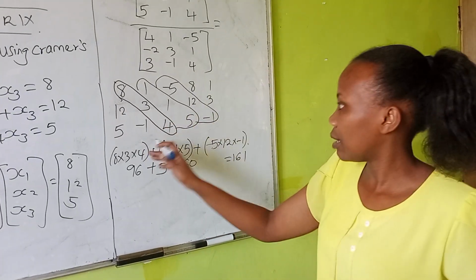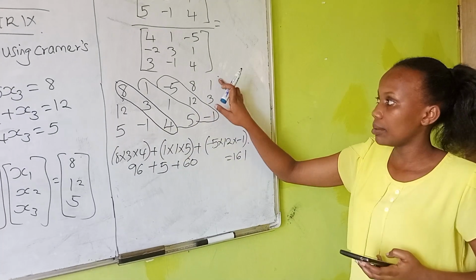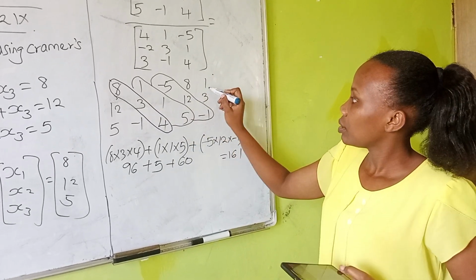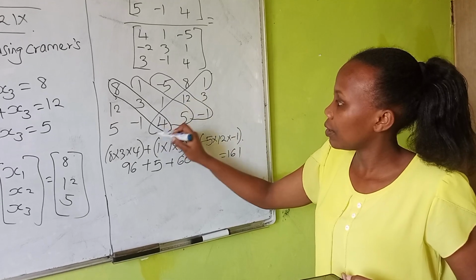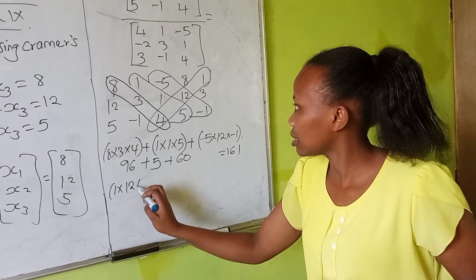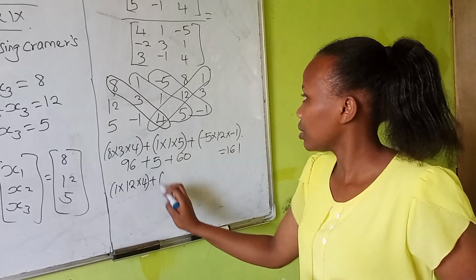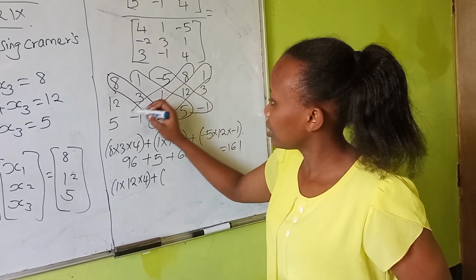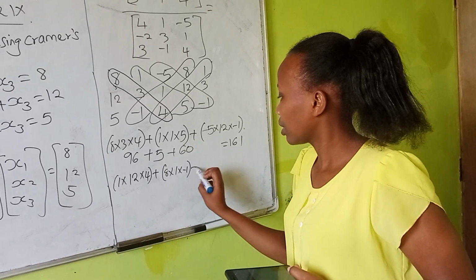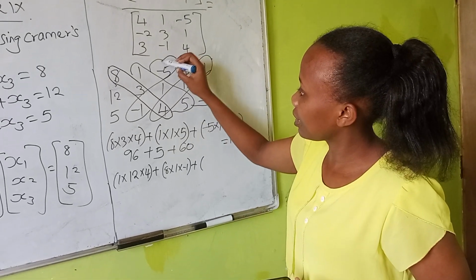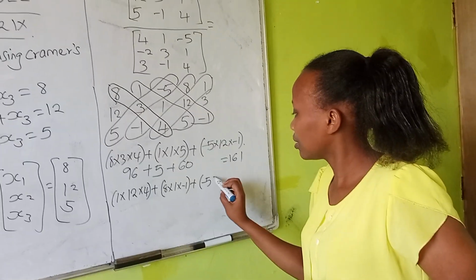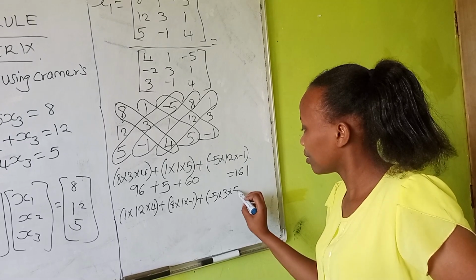Then the other one, you do also starting on the left side. So it's going to be 1, 12, 4: 1 times 12 times 4. You add with 8 times 1 times -1. Then you add -5 times 3 times 5.